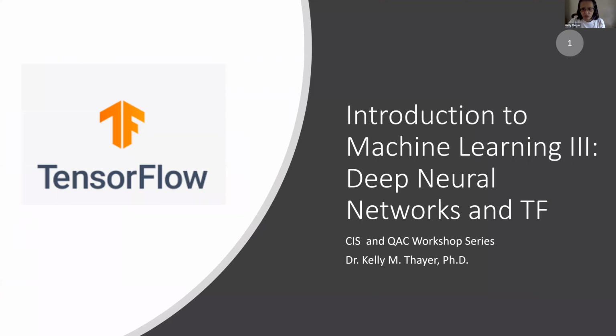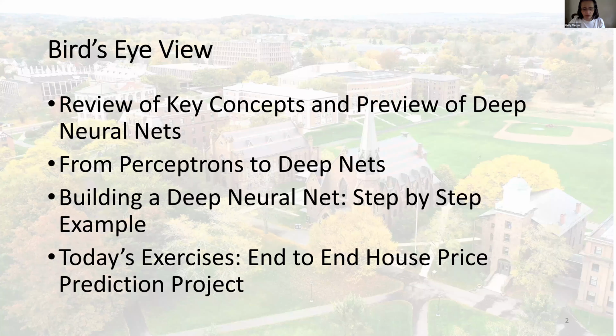All right, so as we mentioned, today's topic of discussion will be the deep neural networks and how to build these in TensorFlow. To give you an overview, first of all, we will review some of the key concepts that we've talked about in some of our other sections, and also preview some of the concepts of the deep neural nets in a qualitative way that we will be taking a look at in more detail.